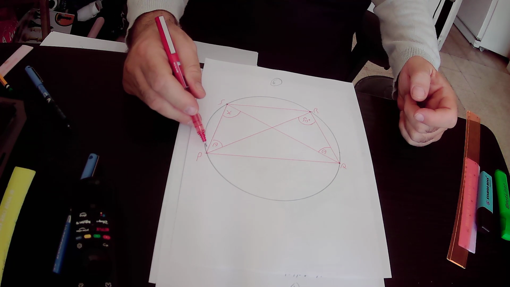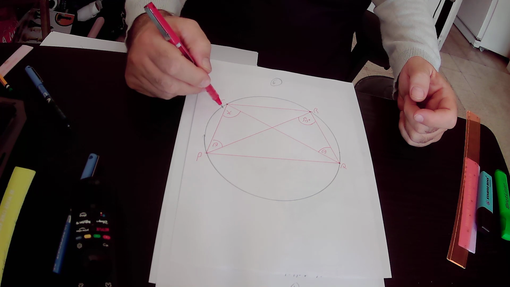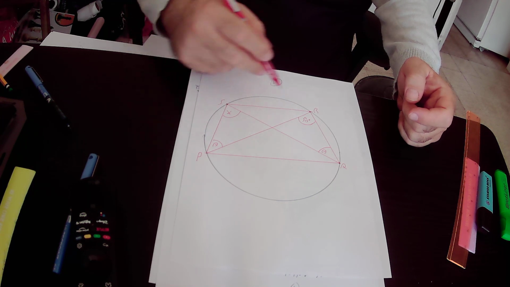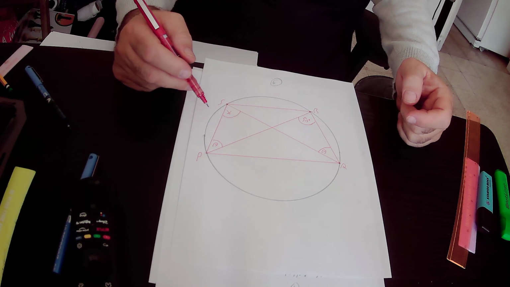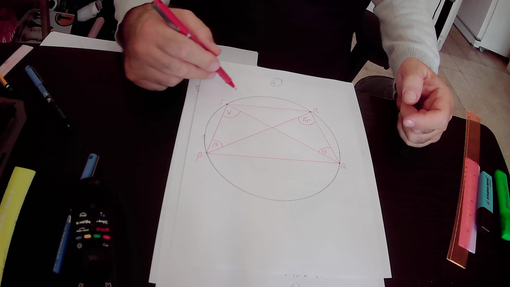As you can see, those 4 points P, S, R and Q all lie on this circle.